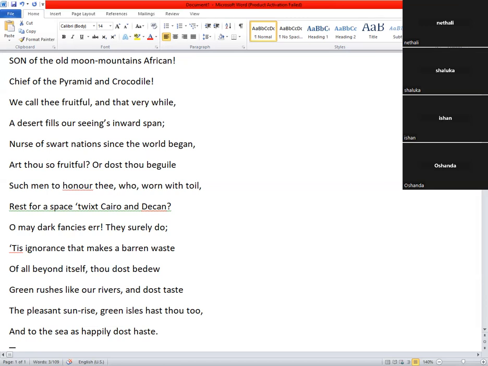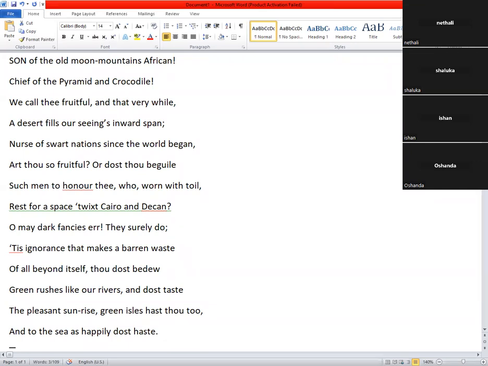Right. Now let's read the sonnet first. Please put the numbers before each line. How many lines are there in a sonnet? 14. Yeah. 14.